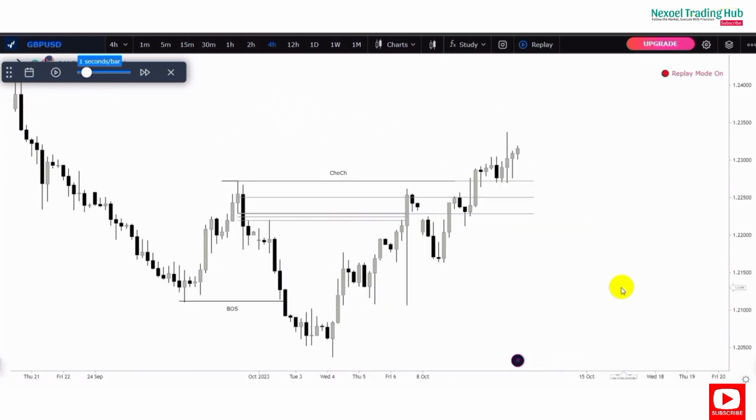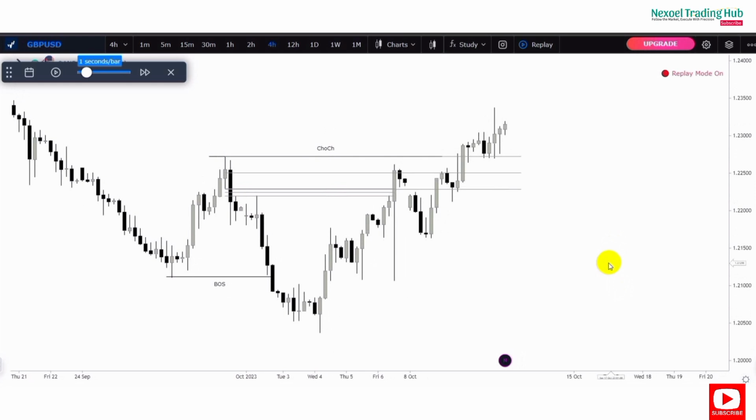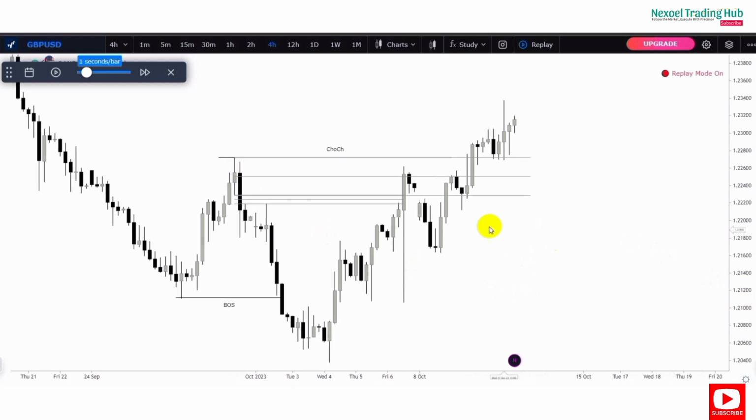But just as I've stated earlier, the criteria I look out for in order to trade from a breaker block is to see a fair value gap beside the breaker block, or a newly created sponsorship candle, a valid order block beside the breaker block. But what you can see here is that we do not have a fair value gap beside this breaker block, and we do not really have a valid order block beside the breaker block.